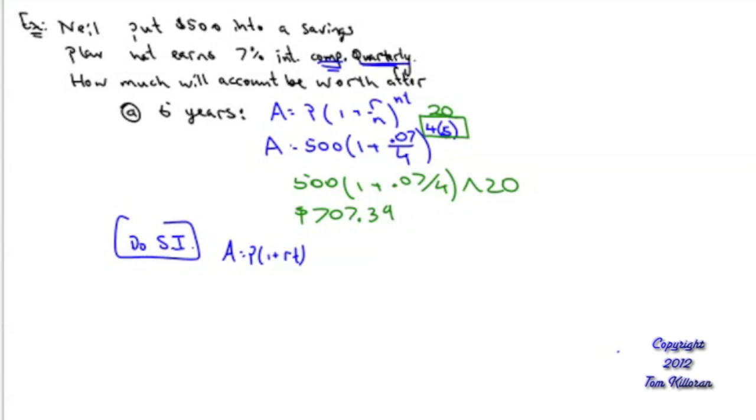You could use I equals PRT, but I want the final amount so I can compare it to this one. So A equals 500, times 1 plus 0.07 times 5. Type that in your calculator and see how much you get.